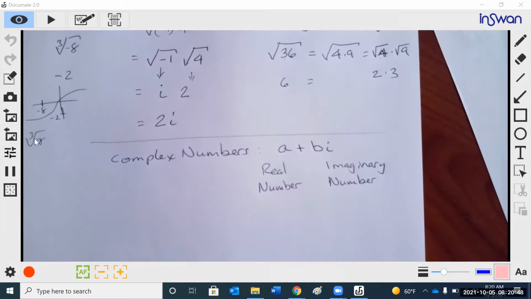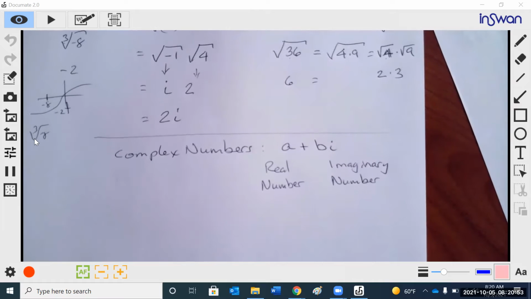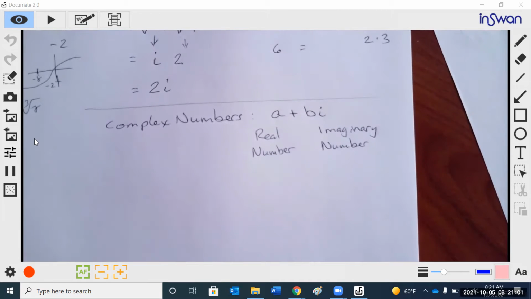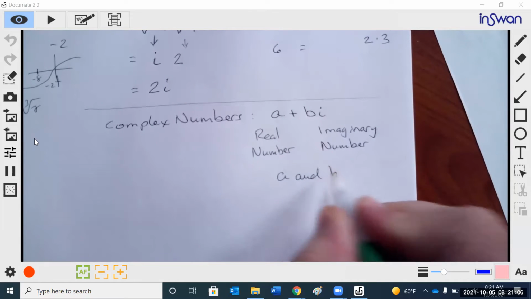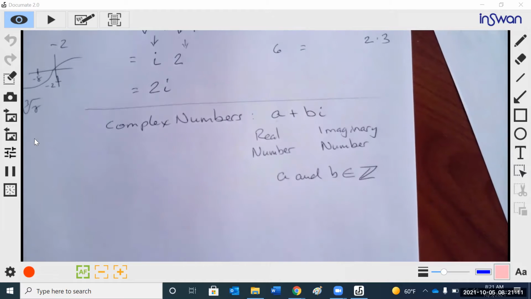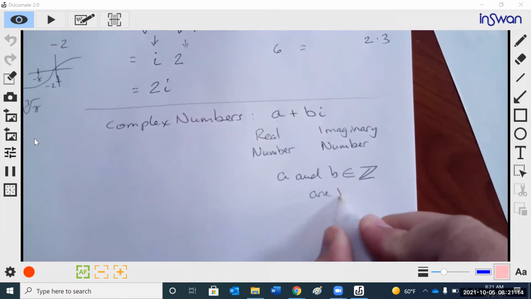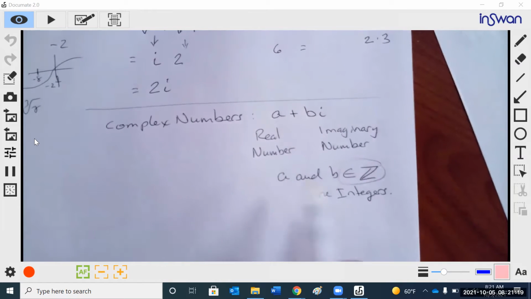A complex number is made up of a real number and an imaginary number, where a and b are integers. That's symbols: a and b are elements of the integers. So a and b are integers.